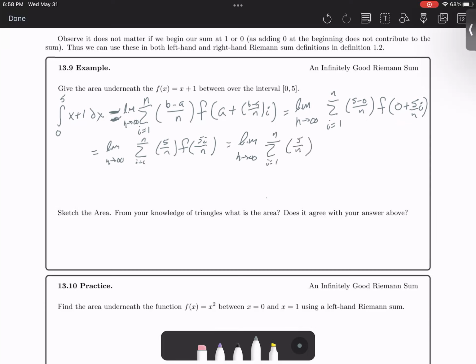Okay, now let's tell ourselves what is the function value at 5i over n. So if you plug 5i over n into your function, you get 5i over n plus 1.